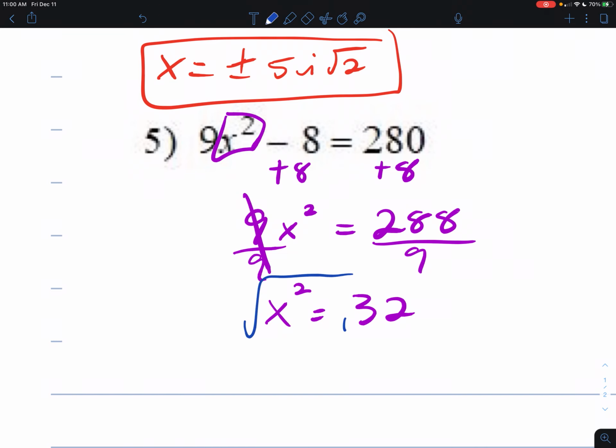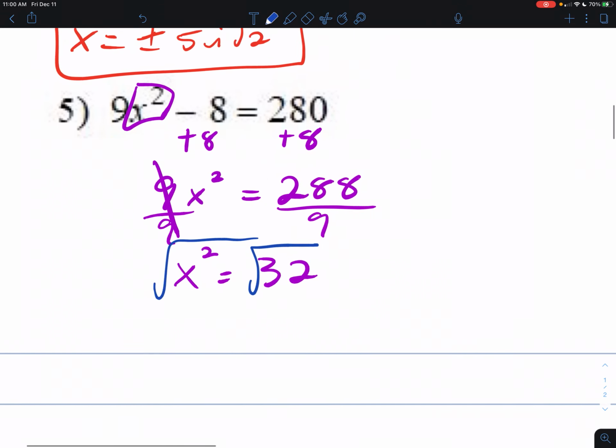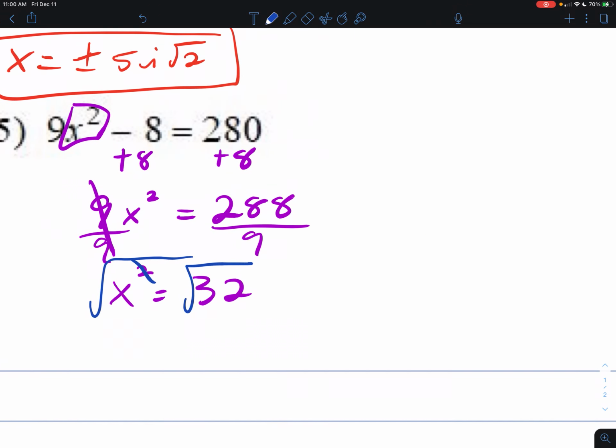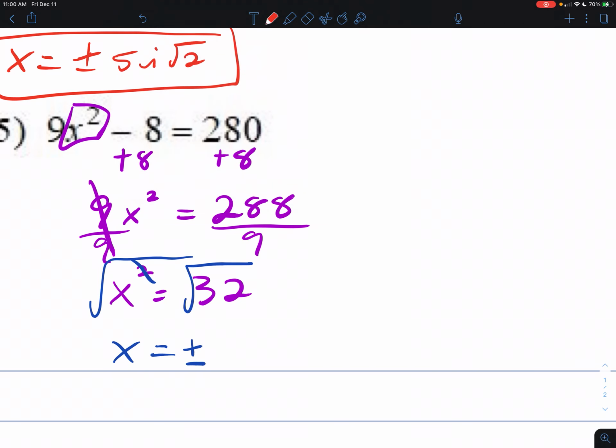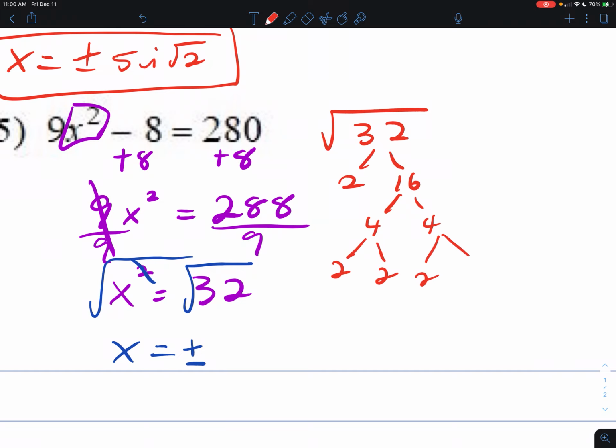I'm going to take the square root to cancel out the square, and we're going to end up with x equals plus or minus something, but we need to simplify the square root of 32 first. So 32 breaks into 2 times 16, and then 16 is 4 times 4, and then 2 times 2, 2 times 2.